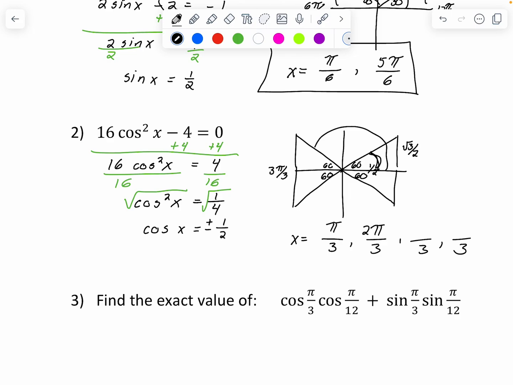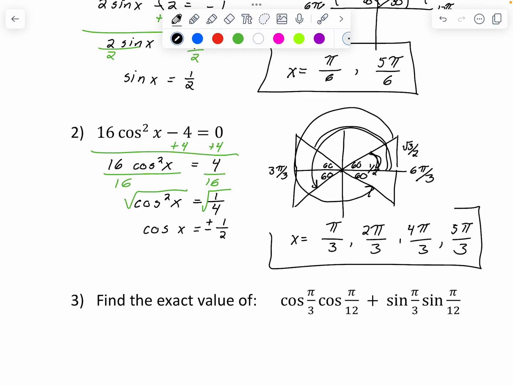That means that in the third quadrant, that's going to be 4 pi over 3. And then in the fourth quadrant, that's going to be 5 pi over 3, because the full rotation would be 6 pi over 3. So we have our 4 solutions.